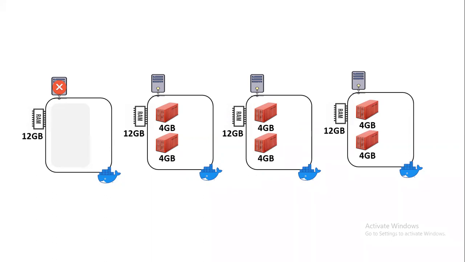Not just this. Now let's say this time all the 6 containers are running. There is no problem in the machine, but for some reason, one of the containers specifically is not working fine. How do you know whether the container alone is not working fine or the application inside the container is not working fine?